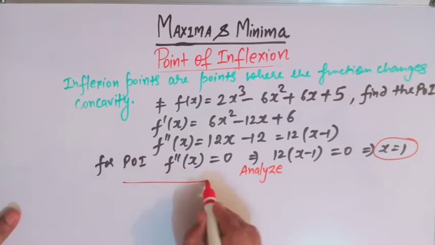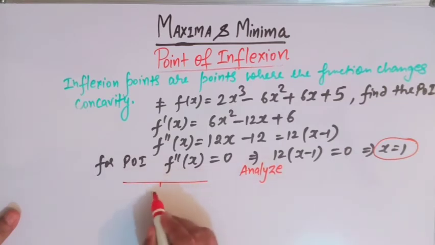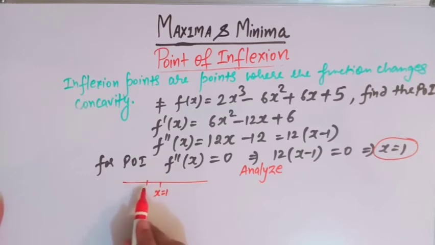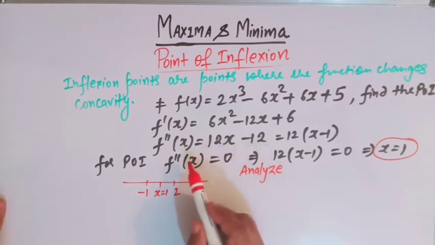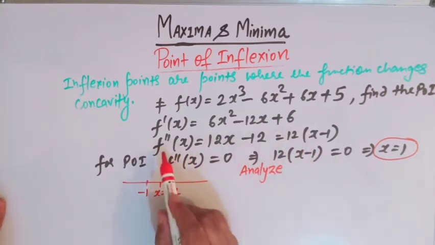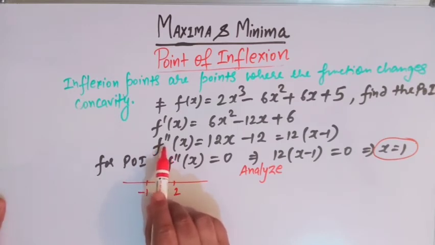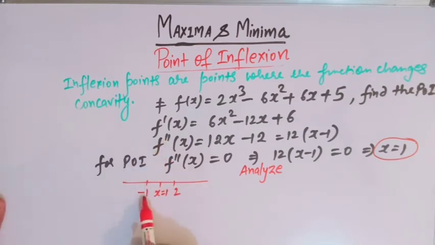So we will take x equal to 1, and we will take a value which is less than 1, and one value which is greater than 1, right? So let us take x equal to say minus 1, and x equal to 2, and let us decide the sign of the second derivative at these 2 points.